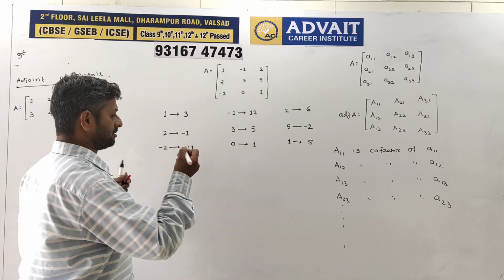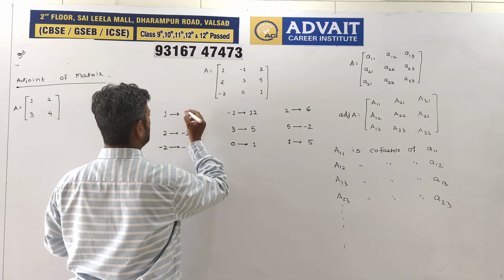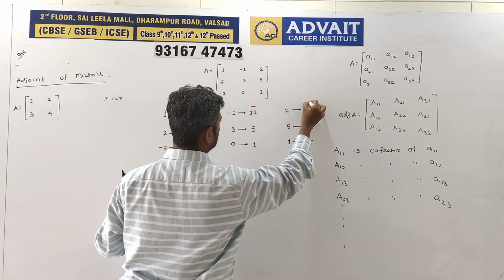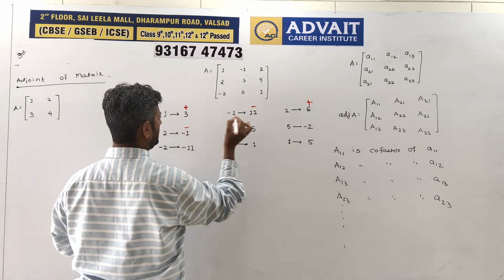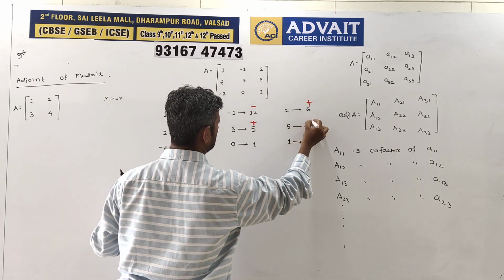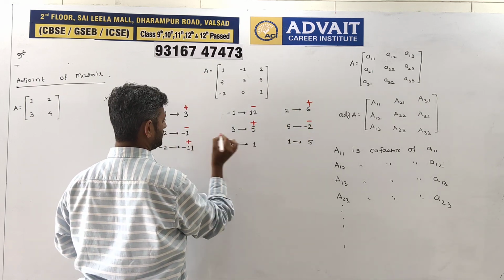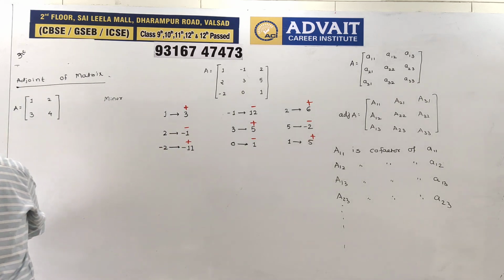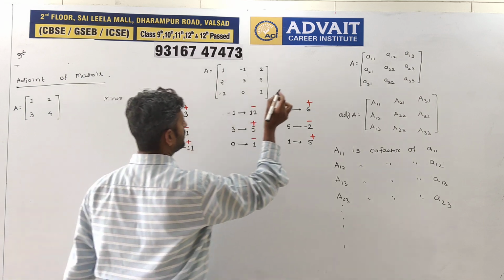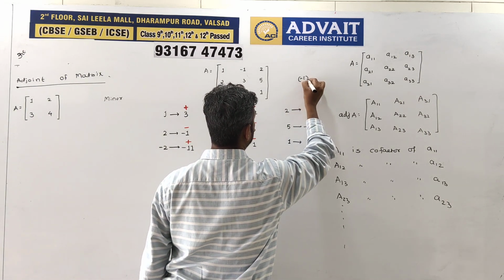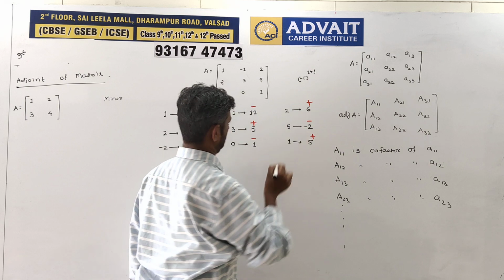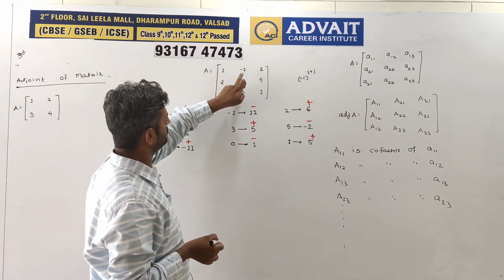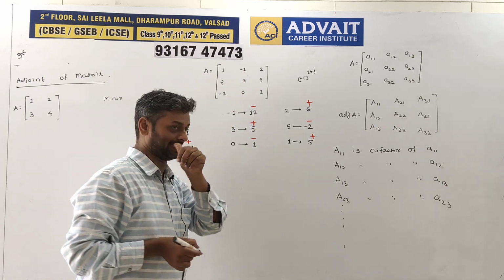Now we are going to convert it into the cofactor, meaning I am multiplying by plus, minus, plus, minus, plus, minus, plus, minus, plus, that is, by minus 1 raised to i plus j. So for 1 plus 1 it is plus 1, for 2 plus 1 it is minus 1, and so on.